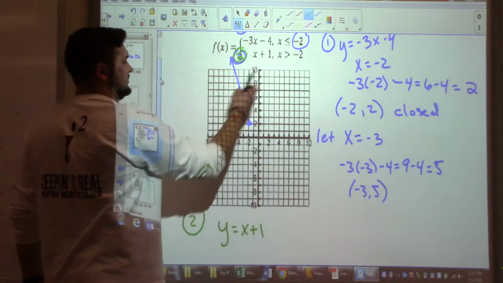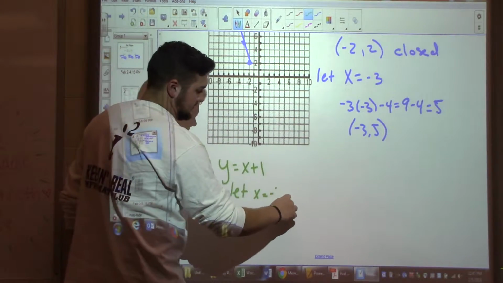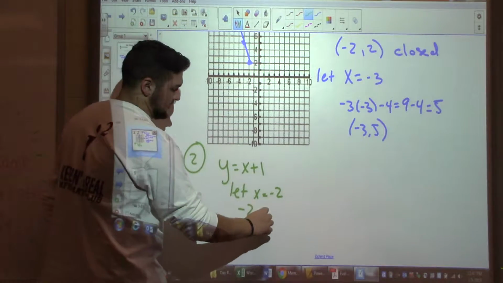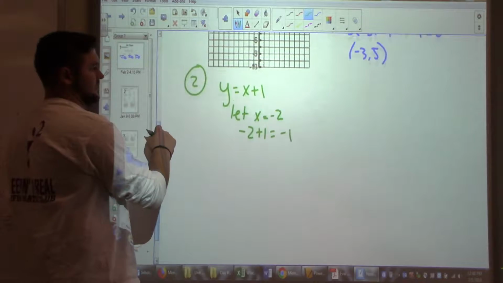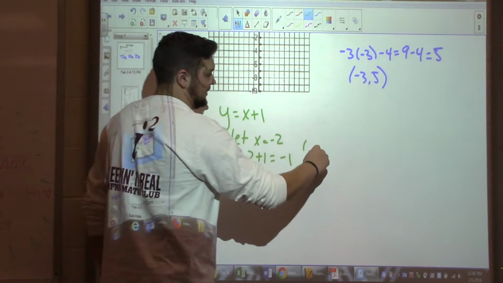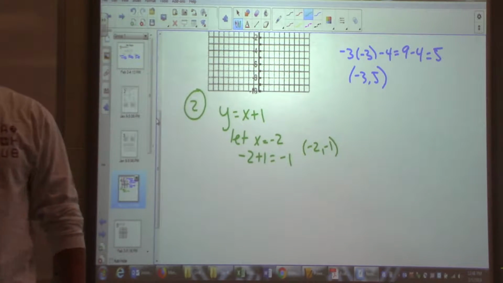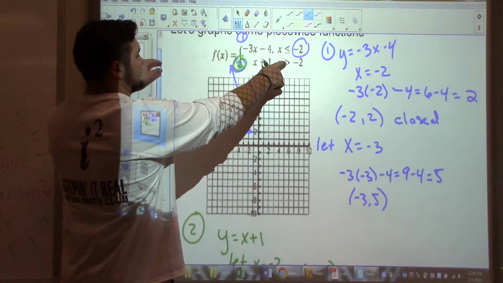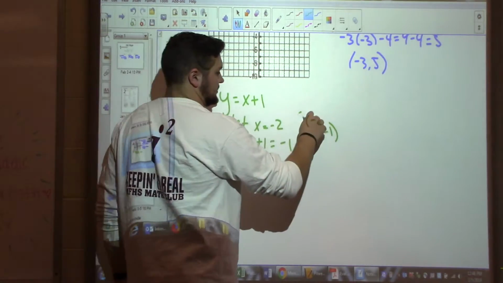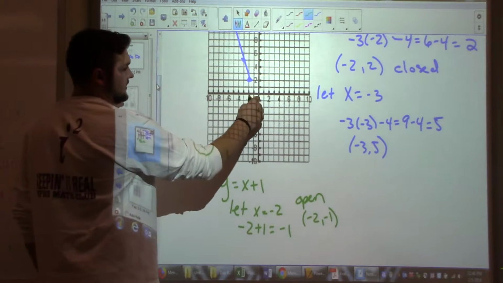Let x equal negative 2 again. Negative 2 plus 1 equals negative 1. So my y value is negative 1. Negative 2, negative 1 is my endpoint. Should it be open or closed? Open, right? It says x is greater than negative 2, not or equal to. So it's an open point at negative 2, negative 1.